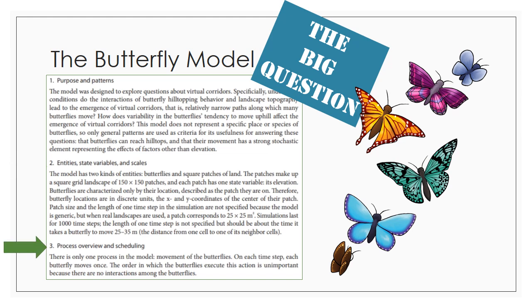Lastly, the process overview and scheduling section talks about the number of processes in the model, here just one, and how the process executes or how the processes are scheduled. Here again, the order in which the butterflies execute this action, whether it's important or unimportant, and whether any interaction among the processes exist.